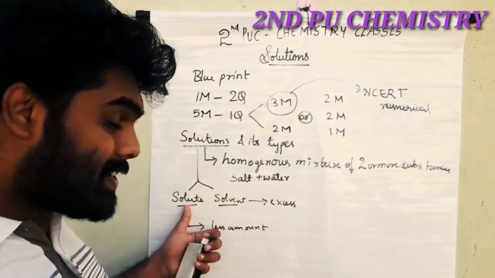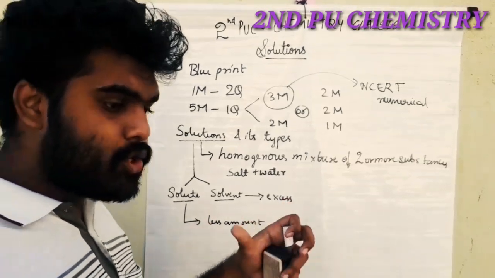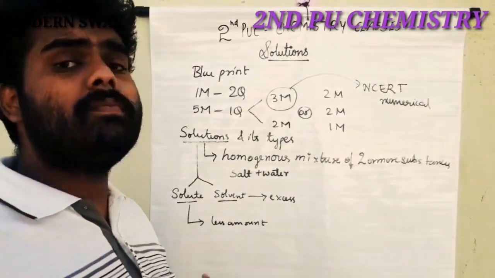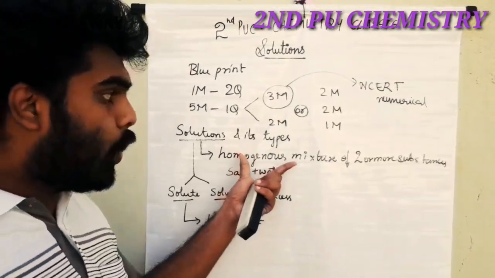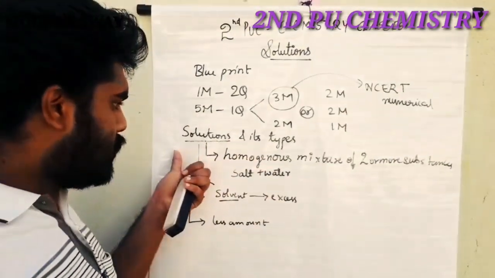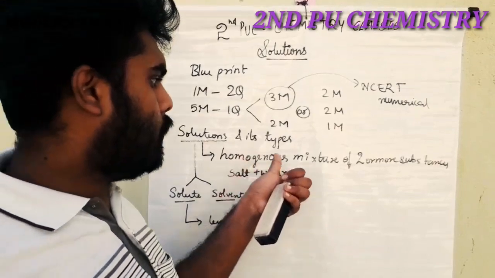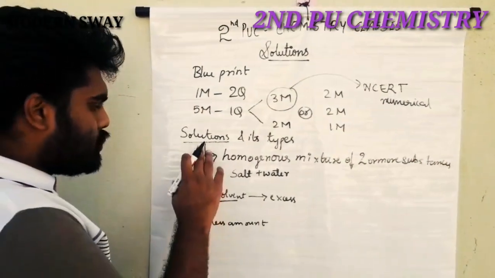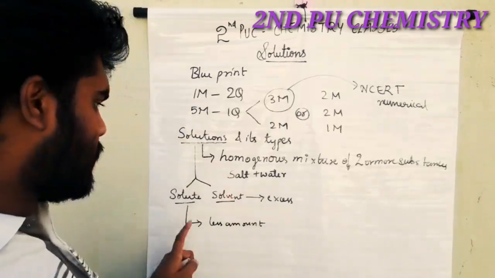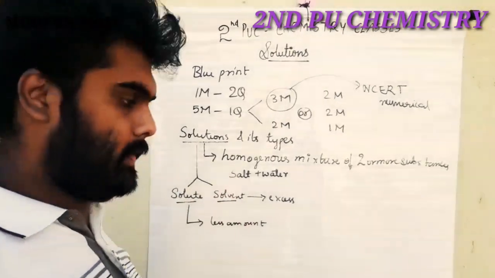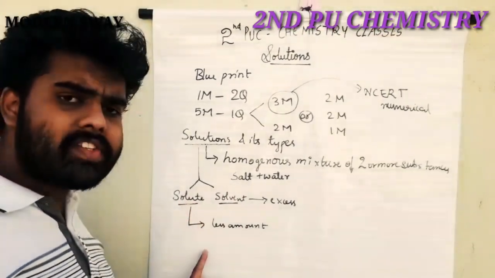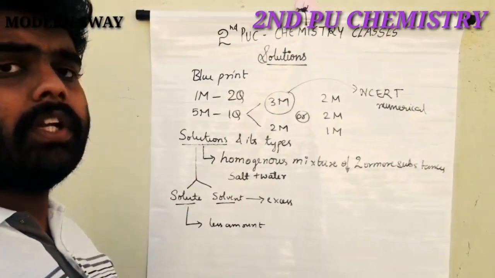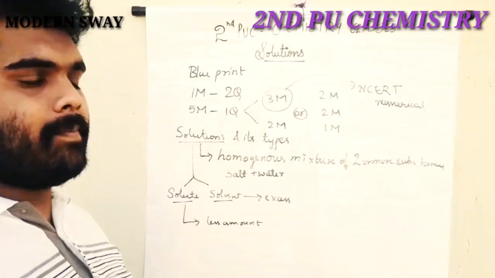If the concentration of solute is uniform throughout the mixture, we call it a homogeneous mixture. So a solution is a homogeneous mixture of 2 or more substances, consisting of solute as well as solvent.